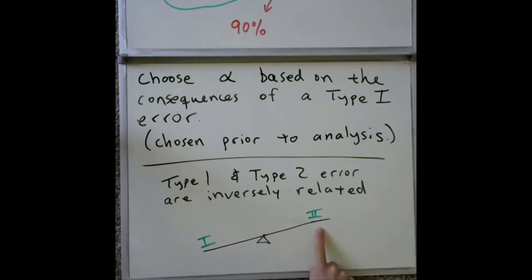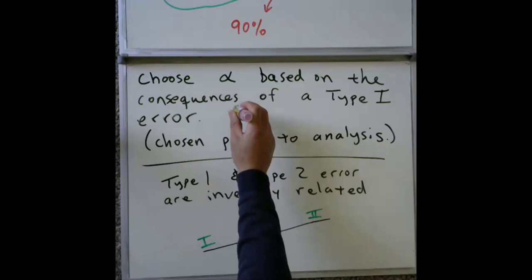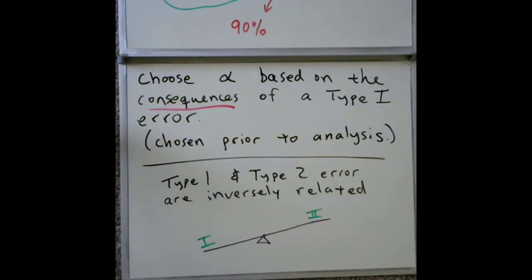Well, that would make your type 2 error go up, and vice versa. So they're inversely related, and in part, that's kind of why we have that default value. So let's go and look at an example to illustrate the consequences of a type 1 and type 2 error.